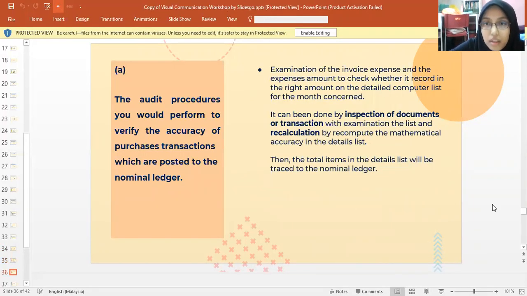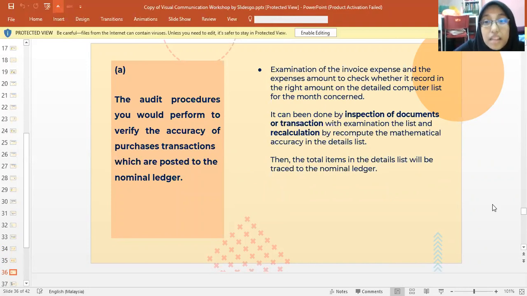Next is the audit procedure of inspection of document or transaction, which makes an examination of the invoice expenses and the expense amount to check whether it is recorded in the right amount on the detailed computer list for the month concerned, since the company uses a standard computerized accounting package.